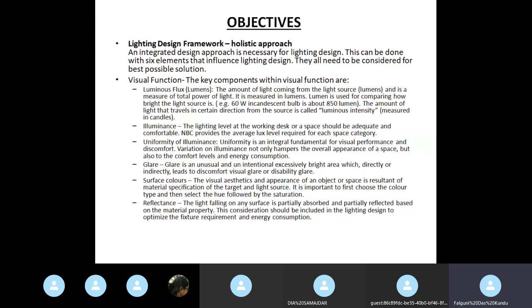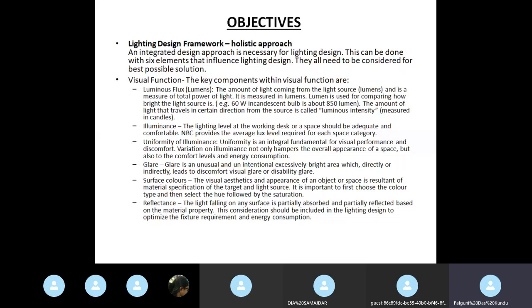Uniformity is an integral fundamental for visual performance and discomfort. Variation of illuminance not only hampers the overall appearance of a space, but also affects the comfort levels and the energy consumption.